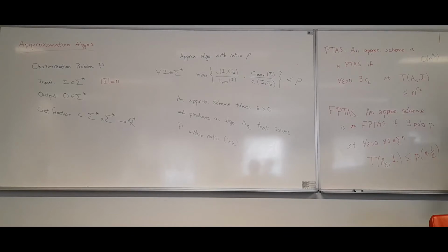But if I want an FPTAS algorithm, let's say I have an algorithm that takes n squared divided by epsilon to the power of 5. Okay, this is polynomial time with respect to n and 1 over epsilon. So if I have an approximation scheme like this, I would call it an FPTAS.